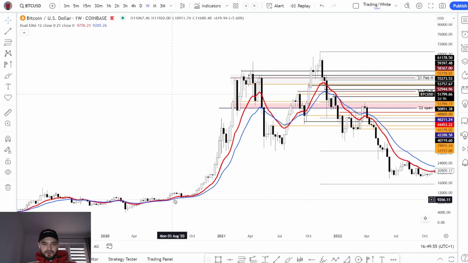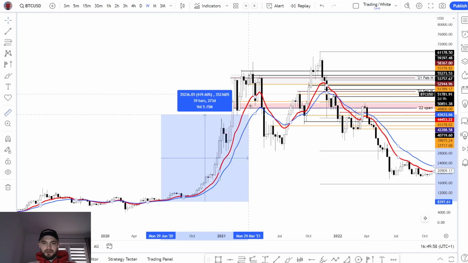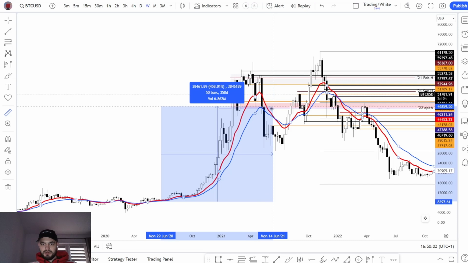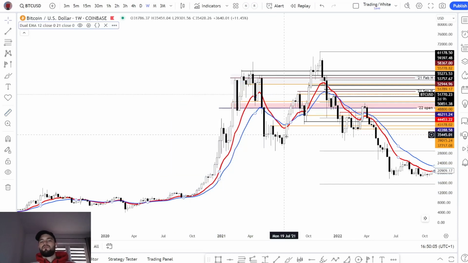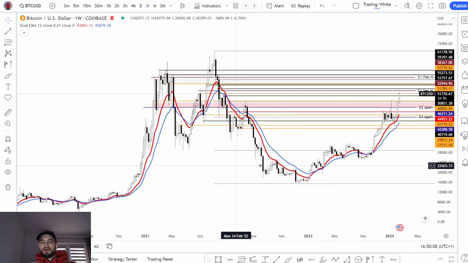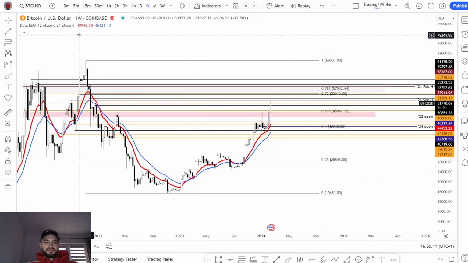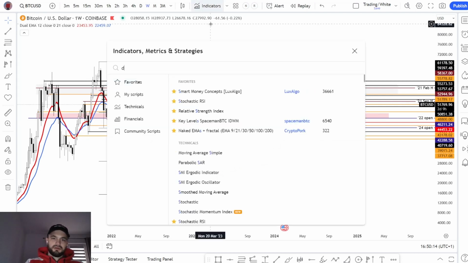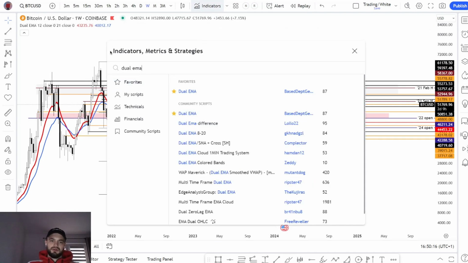If you bought on the crossing, let's say here, and sold here on this one, you would have capitalized on a 400% gain.